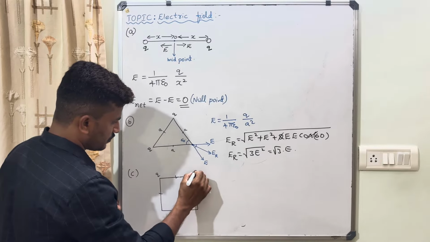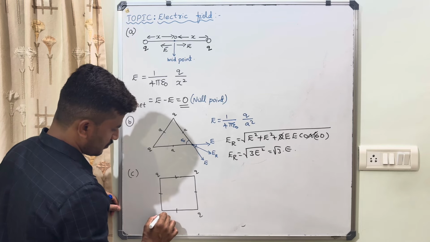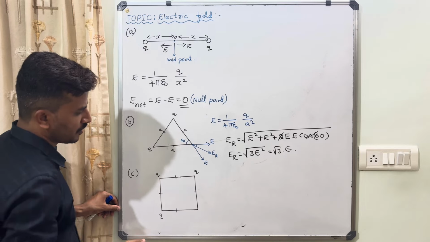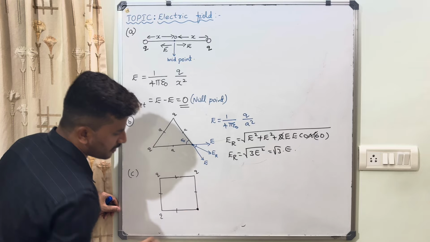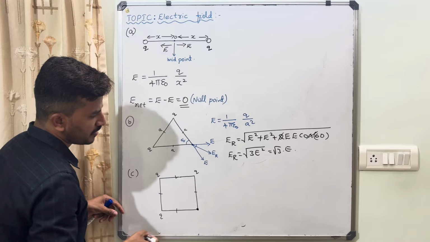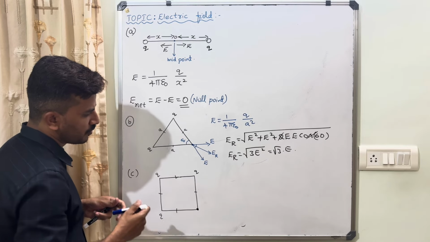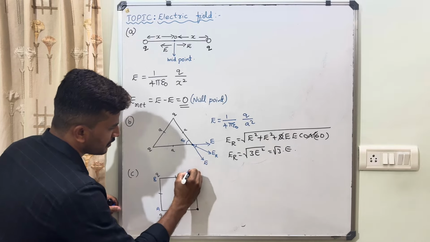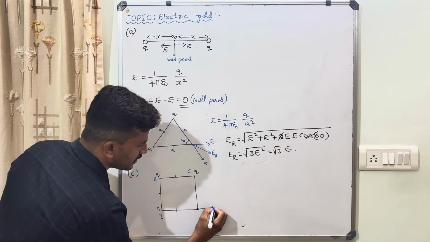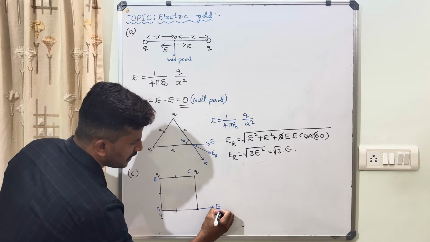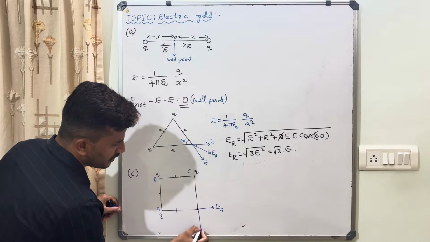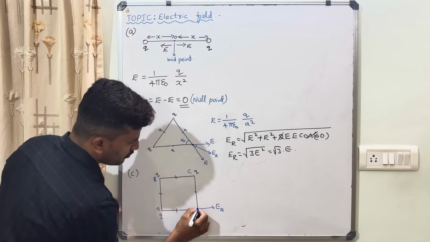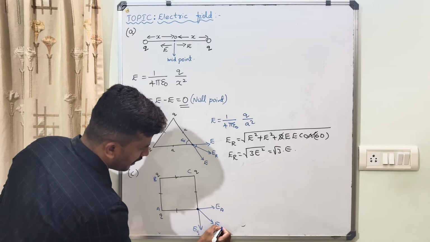This is Q, this is Q, this is Q, this is Q. They will ask you to find the electric field here. So let me solve this. Let me consider these as A, B, C. Electric field due to A is in this direction, that is EA. Electric field due to C is in this direction, that is EC. Electric field due to B is in this direction, EB. I need to add these three.